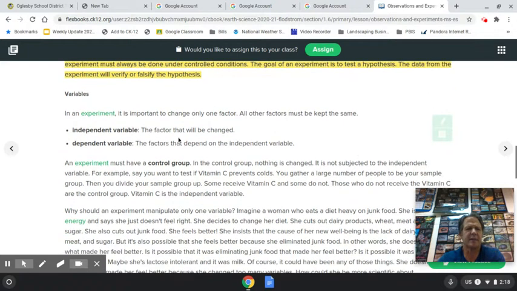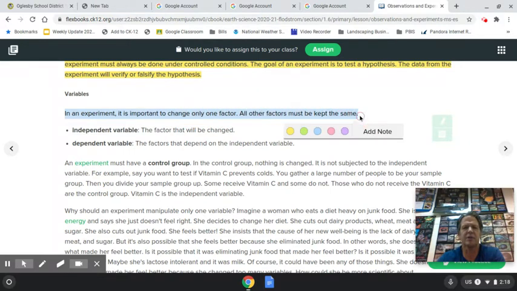Now, in an experiment, it's important to change only one factor at a time, and the factors are called the variables. So in an experiment, this is very important. You change only one factor. All the other ones will be kept the same. Those are controlled variables.